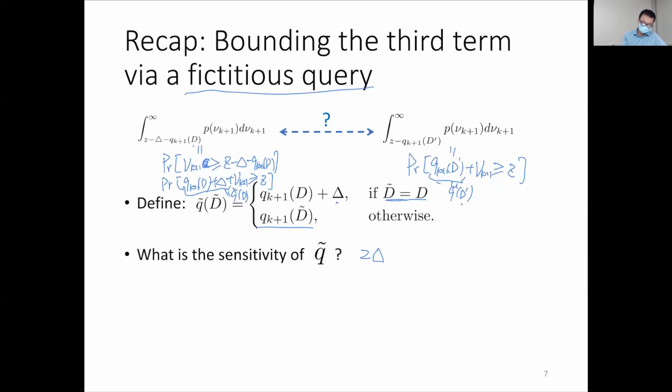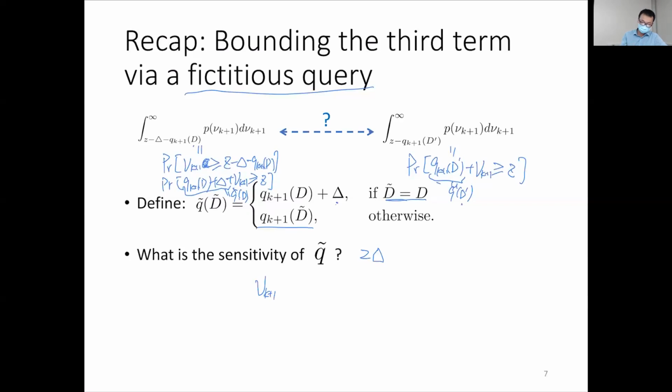Now it remains to check the condition by applying our assumption on this noise nu_{k+1}. So nu_{k+1} is coming from a noise adding mechanism that satisfies half epsilon DP for all queries with global sensitivity smaller than 2 delta.